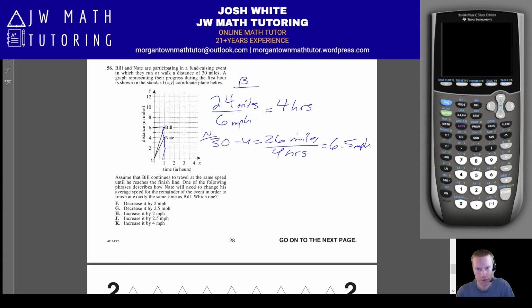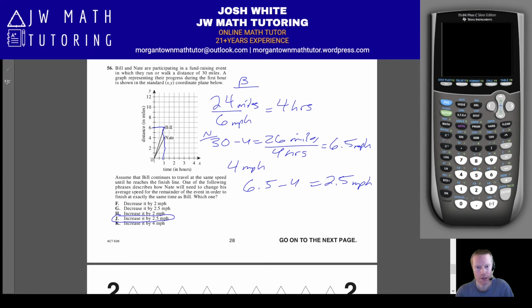So that's what he has to average over the remaining 4 hours that he has to catch up to Bill. His current pace for the first hour is just 4 miles per hour because he went a total distance of 4 miles over a total time of 1 hour. So you just subtract those, 6.5 minus 4, and we get 2.5 miles per hour as the difference between his speeds, and he obviously needs to increase his speed because Bill is going faster than him over the first hour. So the correct answer is going to be letter J.